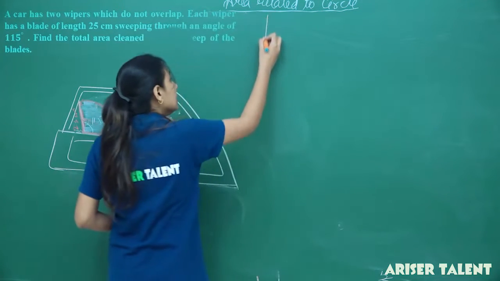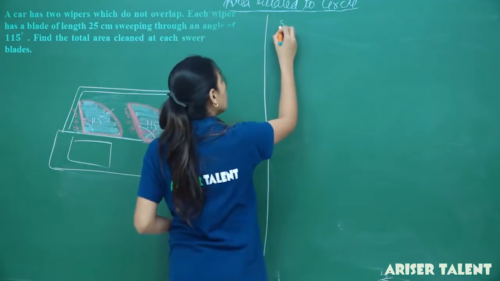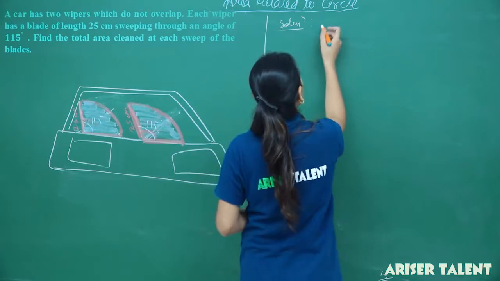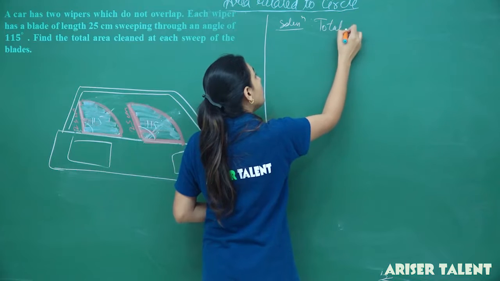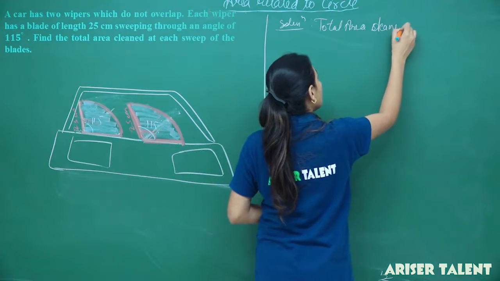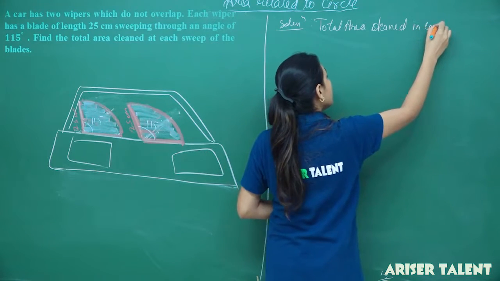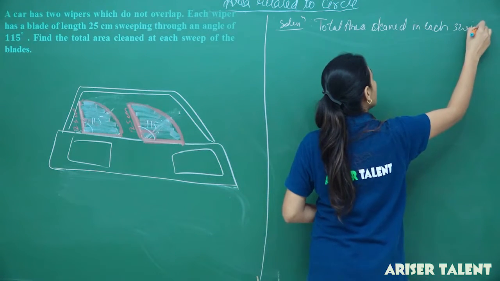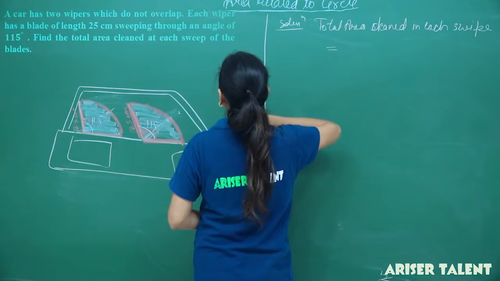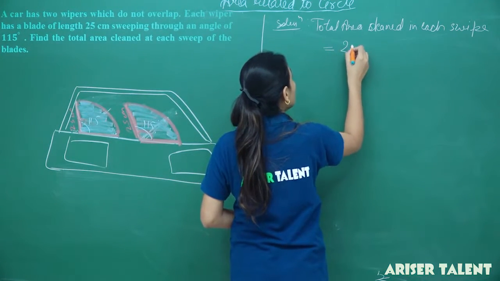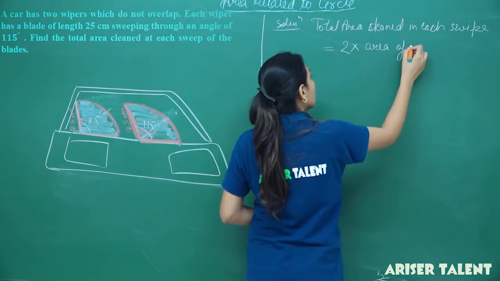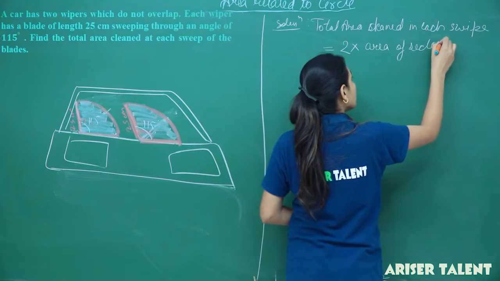So simply we can have this solution here. What I asked about, total area cleaned in each swipe, equals 2 multiplied by area of sector.